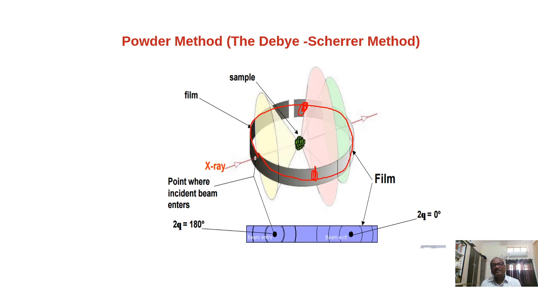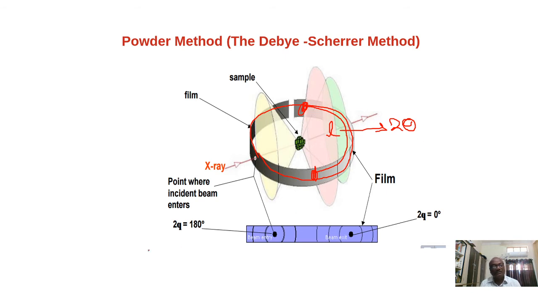The distance between these two spots is measured as the L value. Which angle does this L value correspond to? The angle of incidence, we say it is 2 theta. If you convert this L into angle, it will be equal to 2 theta. Here 360 degrees is equal to 2 pi r. Now this L belongs to 2 theta.